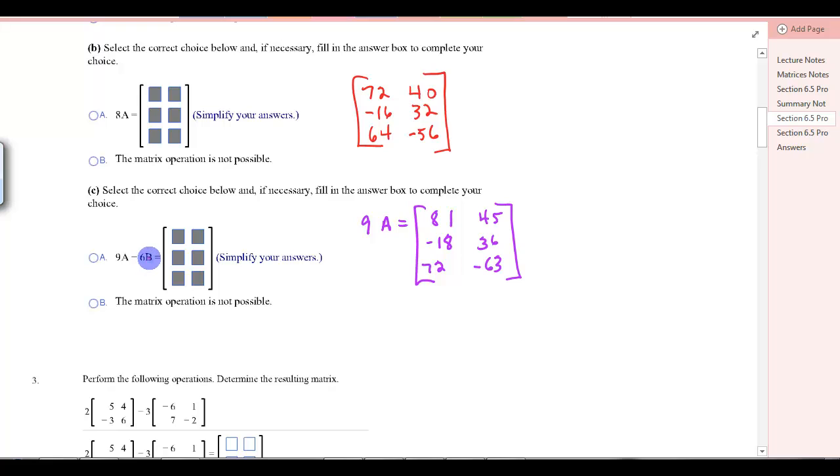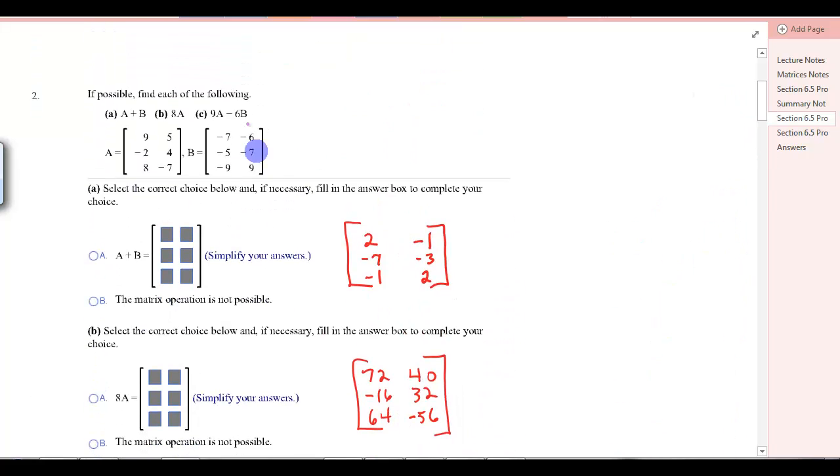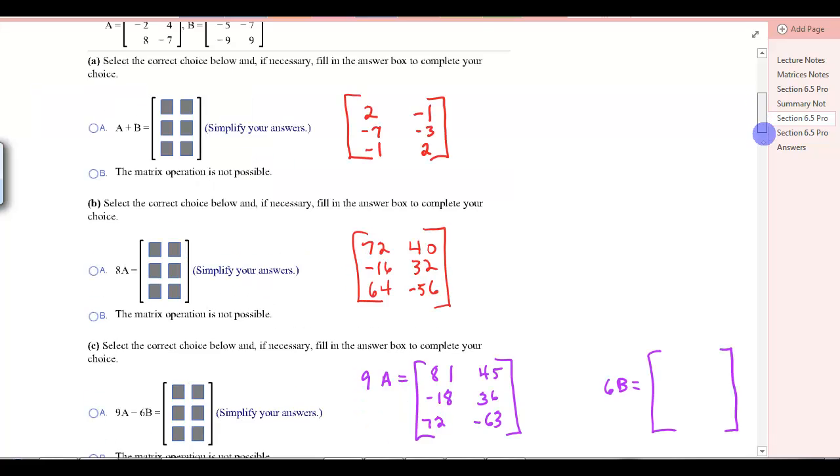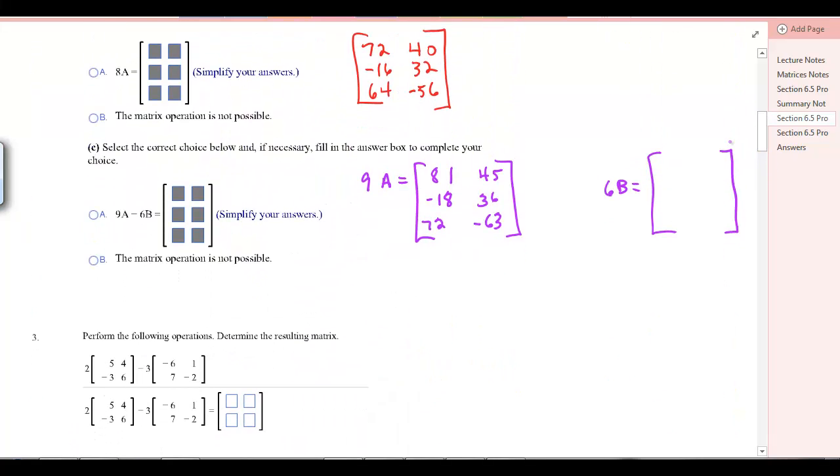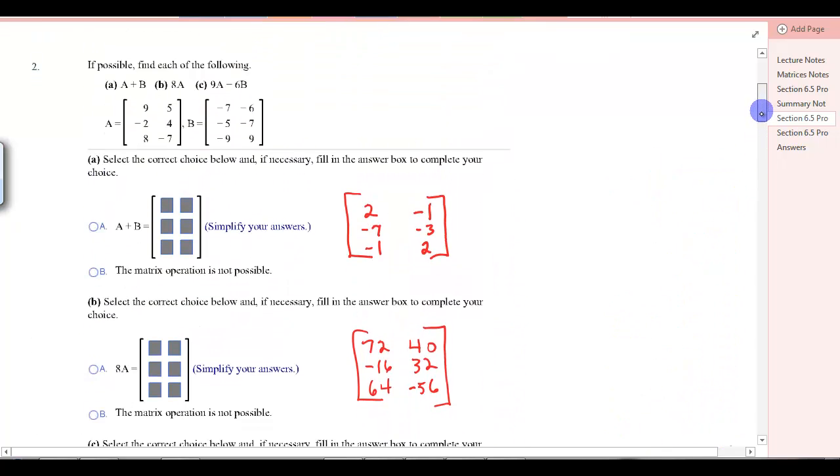Then we need 6B. 6B equals. So we're going to multiply 6 times these numbers. So we would have -42, -36, -30, -42, -54, and 54. All right, so that would be that.